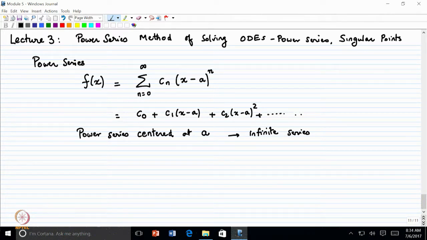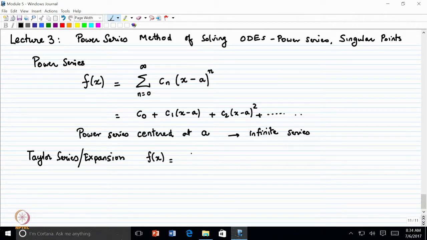Now, there is one form of power series that you might have used quite often. This is called the Taylor series or Taylor expansion, in which you take some function and expand it in a power series.